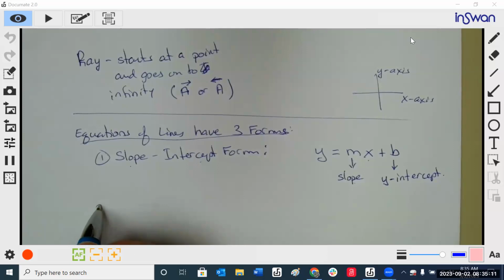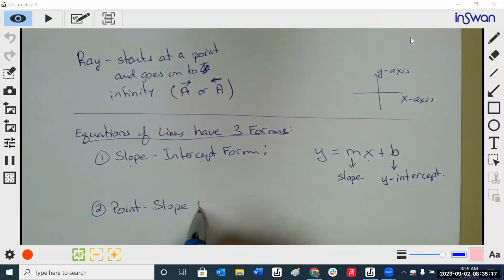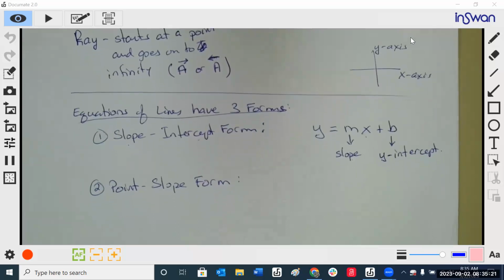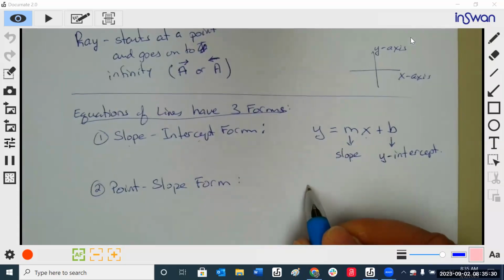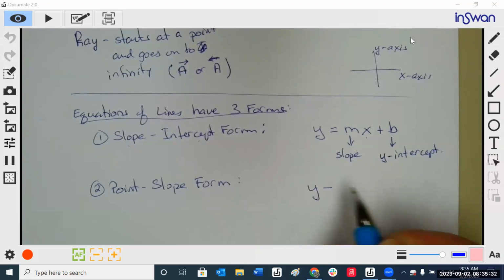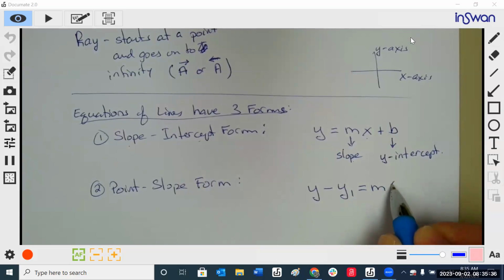The next form is the point slope form. And that one looks like this.